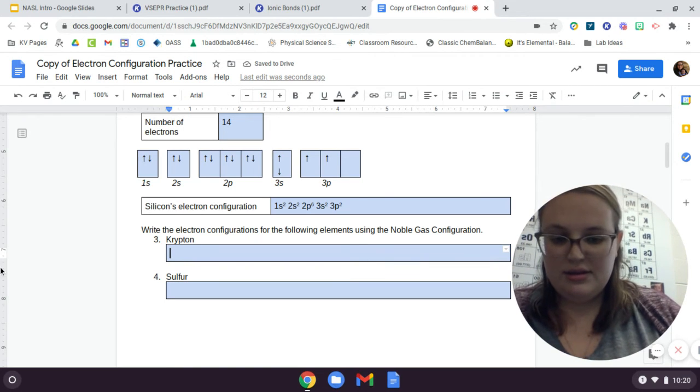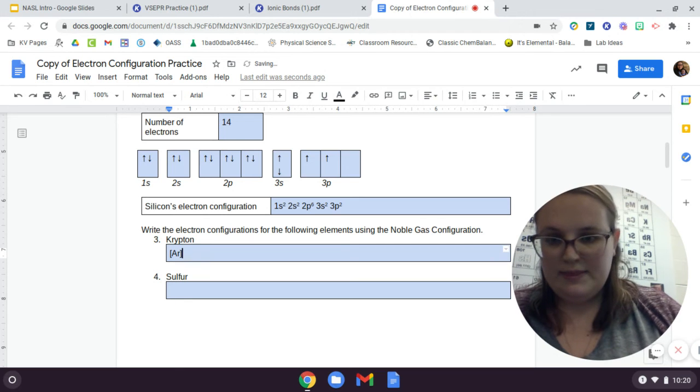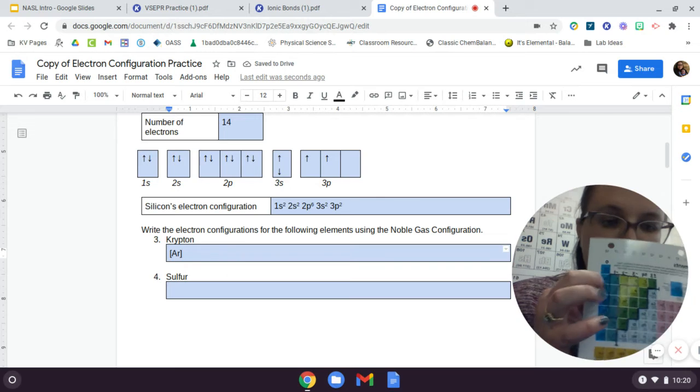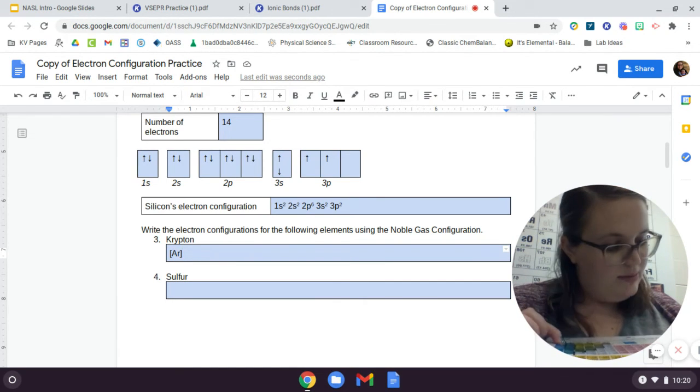So I'm going to do my bracket, and then I'm going to write Ar for argon. After I finish argon, which is here, I'm going to go to the next row. That one's in row 3, I'm in row 4.